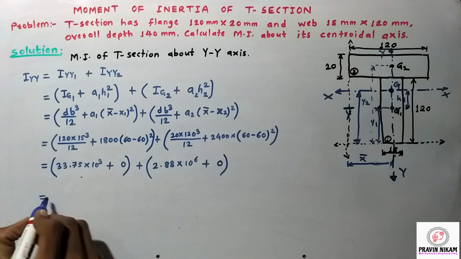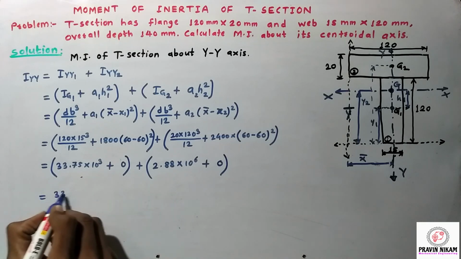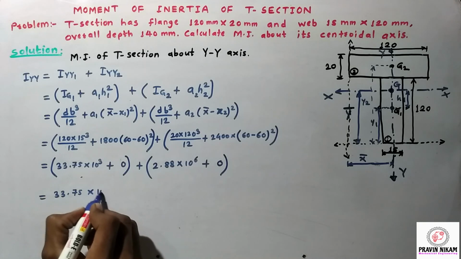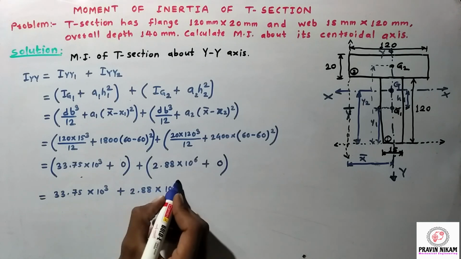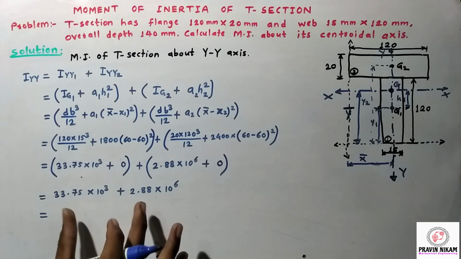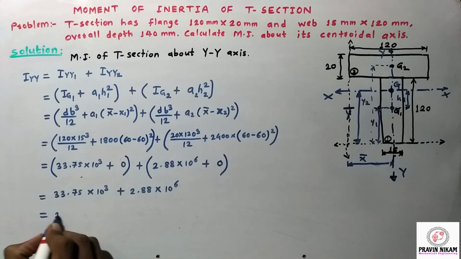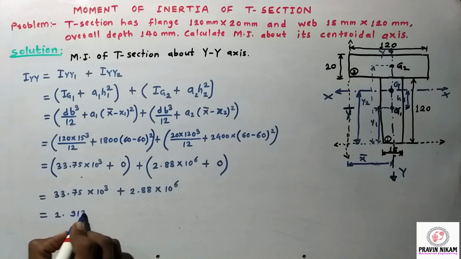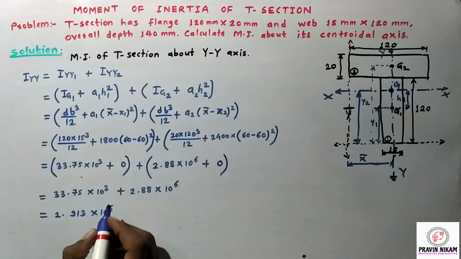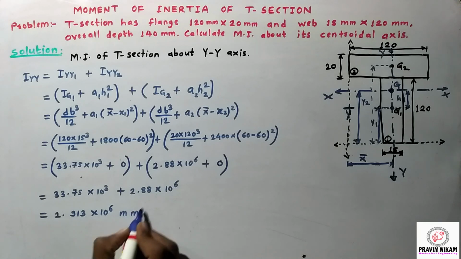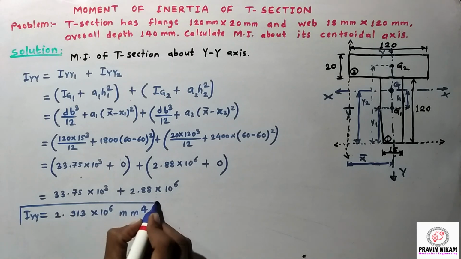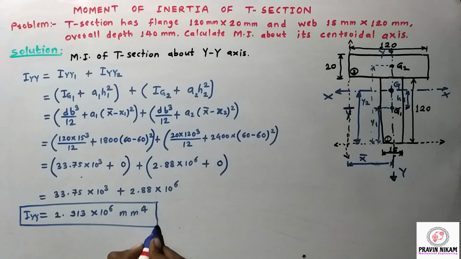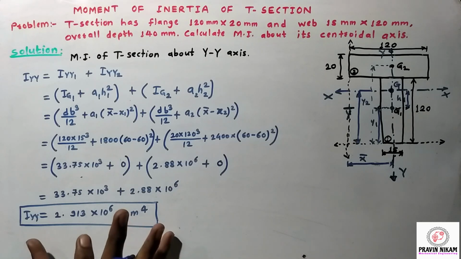So that is equal to 33.75 into 10 raised to 3 plus 2.88 into 10 raised to 6. So that is equal to, add both terms, you will get 2.913 into 10 raised to 6 mm raised to 4. This is total Iyy. That is moment of inertia of a T section about centroidal YY axis.